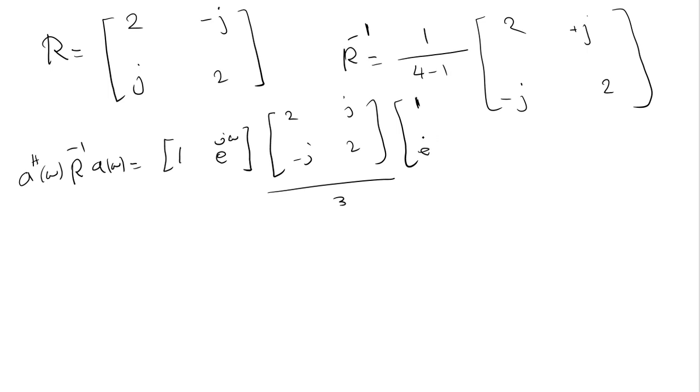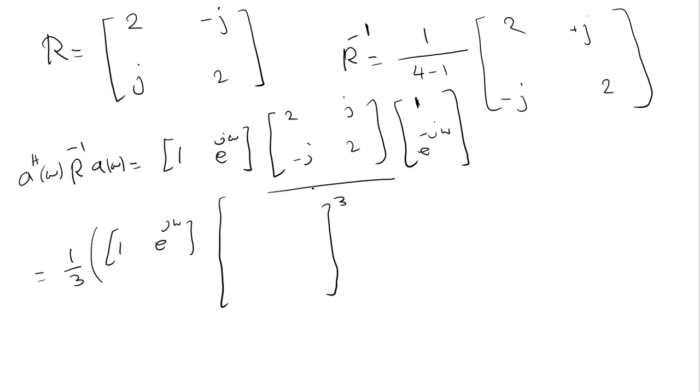And A Hermitian(omega) R inverse A(omega) equals 1, e^{j omega}, times the matrix, times 1, e^{-j omega}, and this equals to, let's first multiply this. This is 2 plus j e^{-j omega} and minus j plus 2 e^{-j omega}.